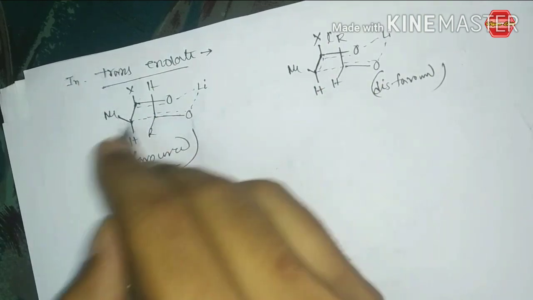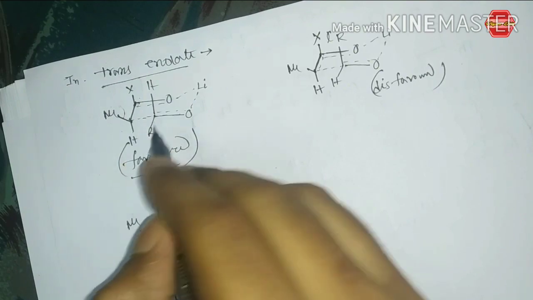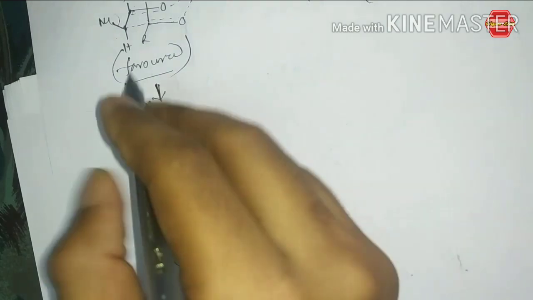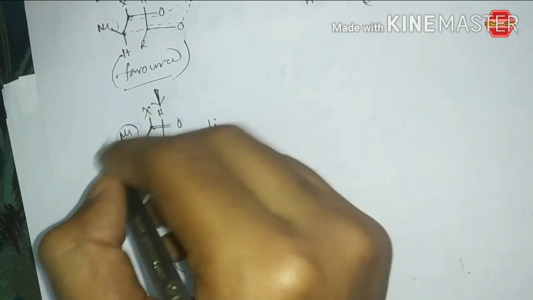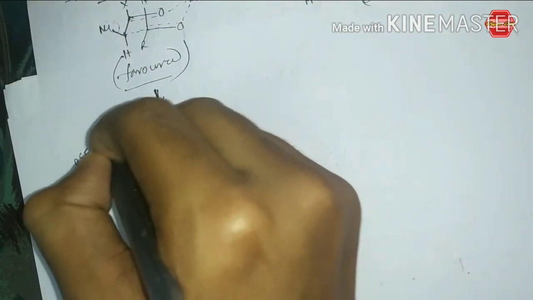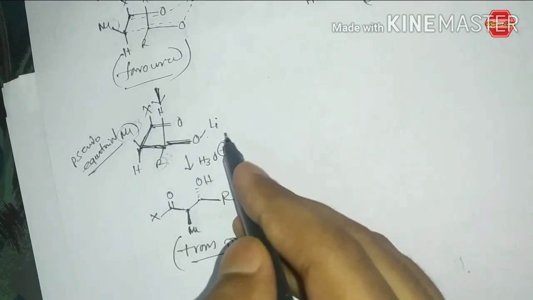Now see, these two, this methyl group and this R group, in what position? This methyl group is also in equatorial position, or you may call it pseudo equatorial. So this methyl group is in pseudo equatorial position, and this R group is also in pseudo equatorial position.